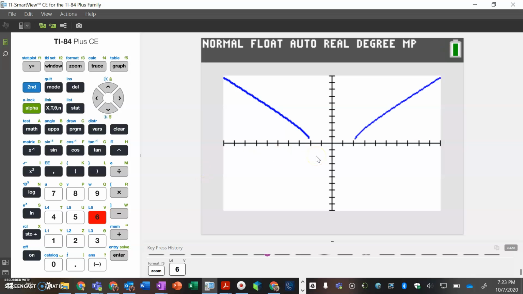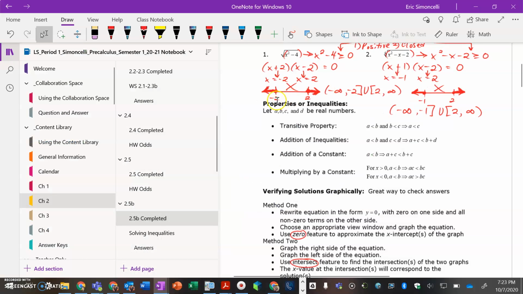As a matter of fact, if you look at the graph, -2, remember, was a critical number, if you recall. There it is, as was +2. Now remember, if we look at this inequality again, because we want values that are greater than or equal to 0, we want the function, albeit a square root of a quadratic, to be greater than or equal to 0, in other words, above the x-axis.